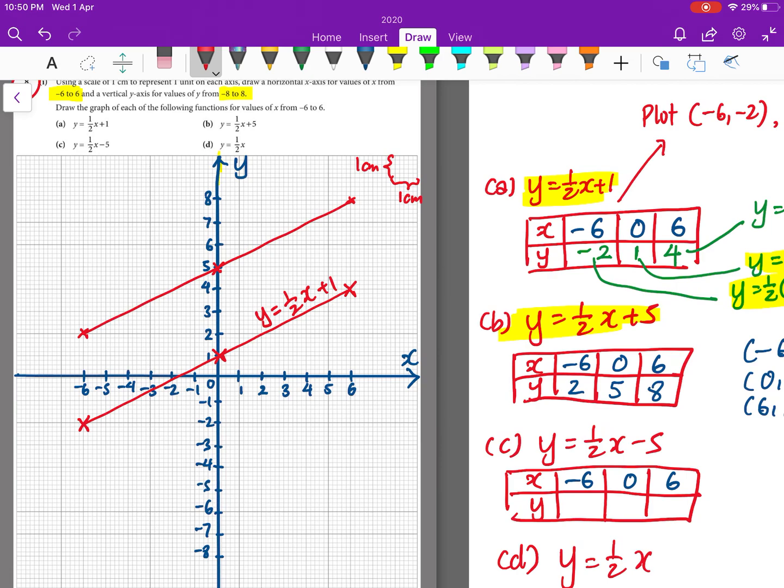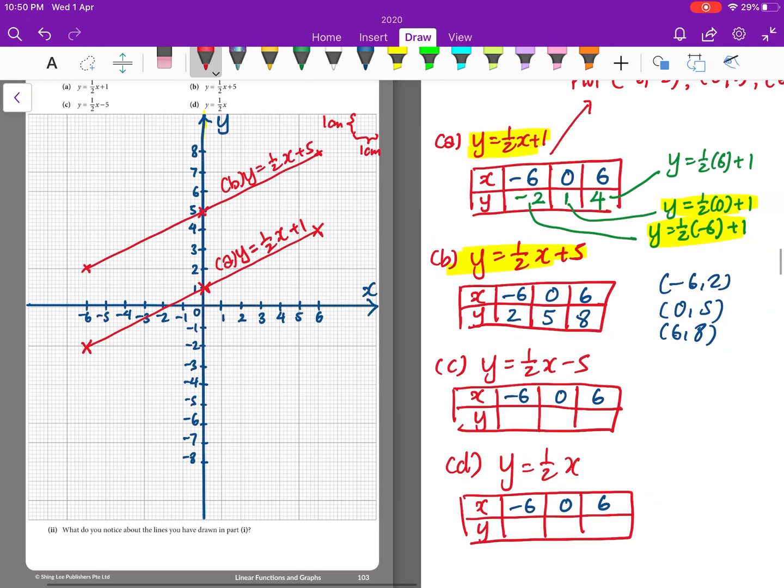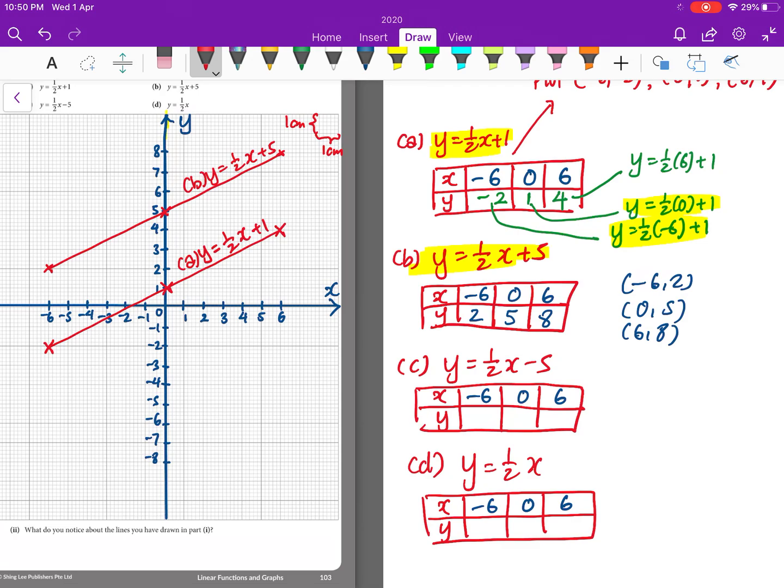So again, I need to label the graph. Earlier on I did A. Now I did B, y equals half x plus 5. So somehow you get a hang of it, right? How to plot this. So I will go faster.